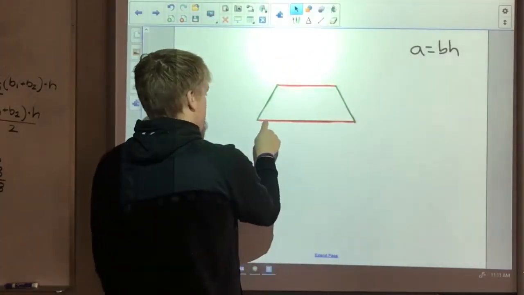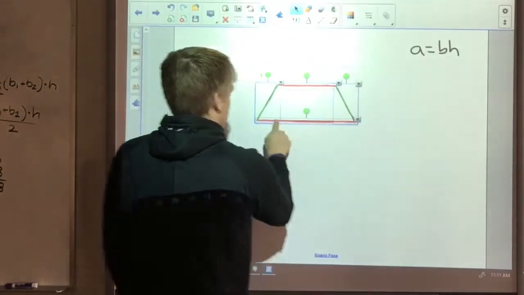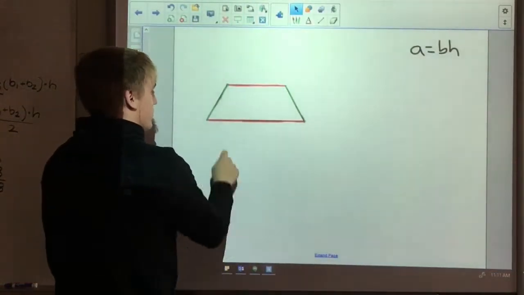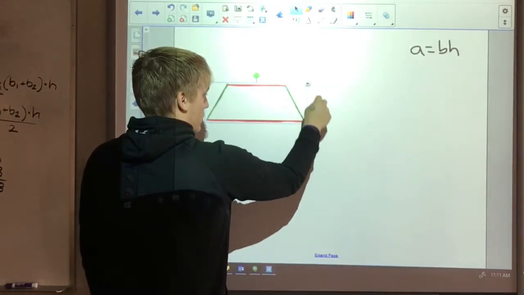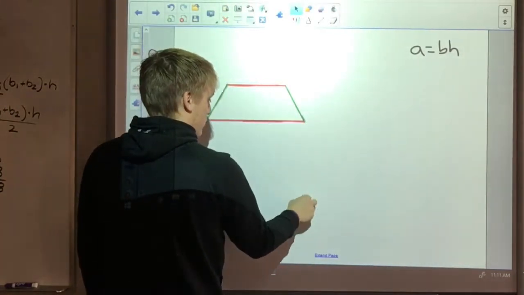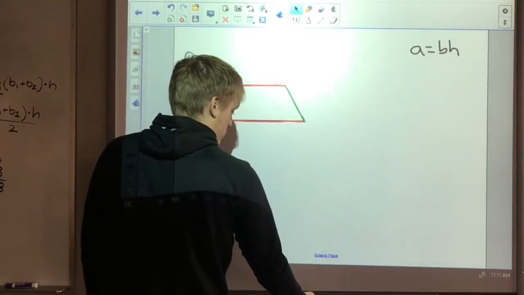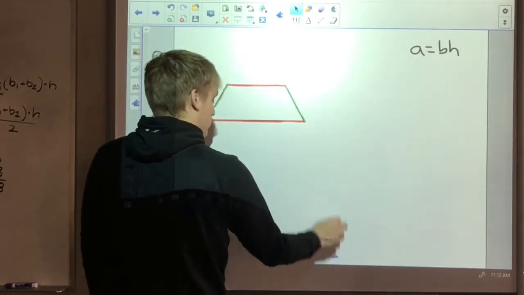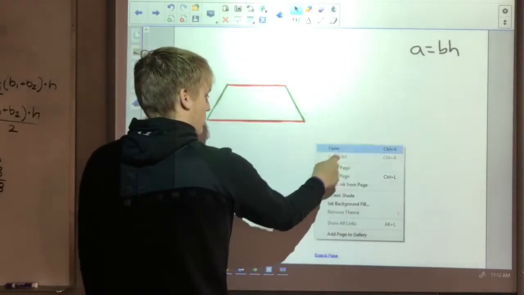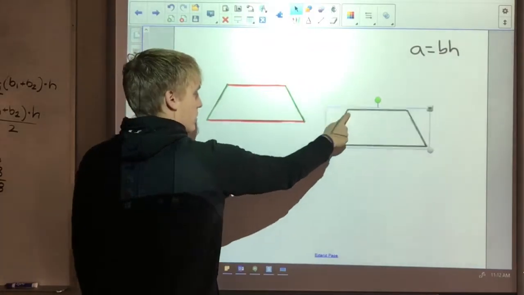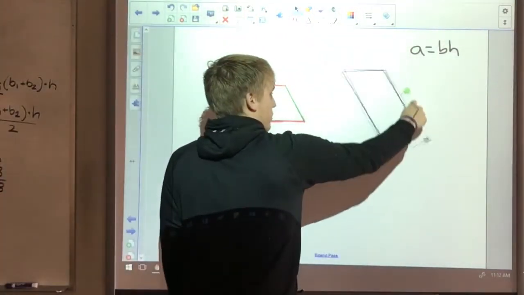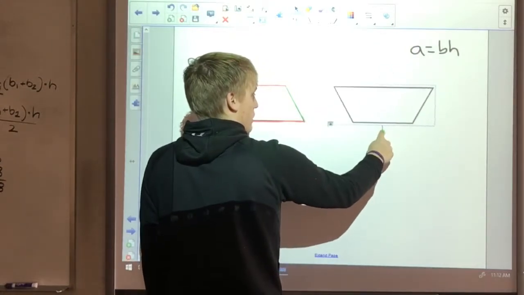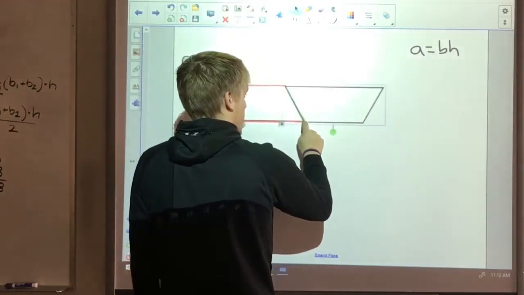Okay, so if we take this, move it over a little bit, and we copy this trapezoid, so we have another one. Okay, and we flip this over. Okay, and drag this here.